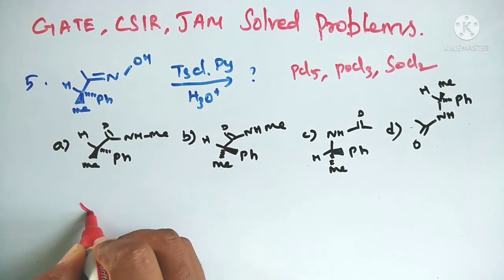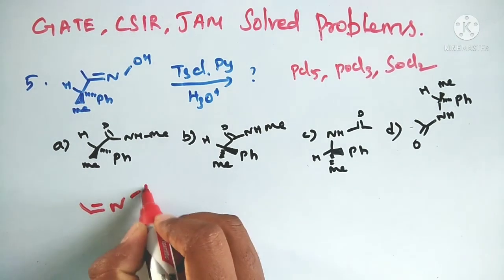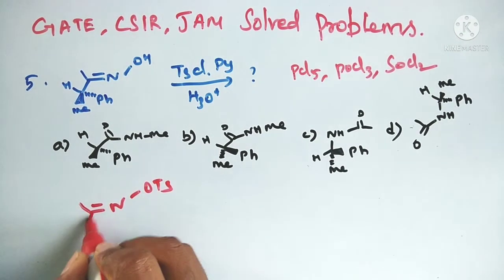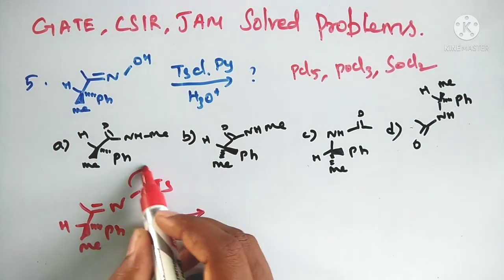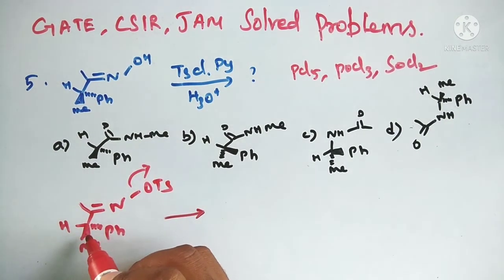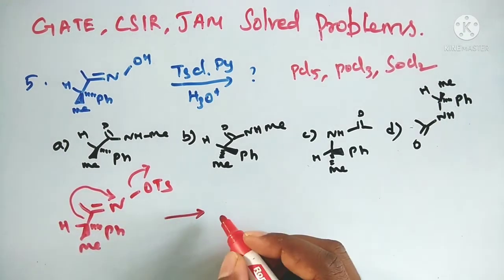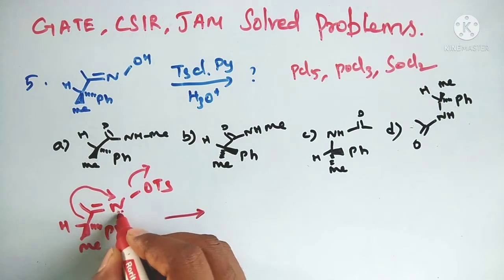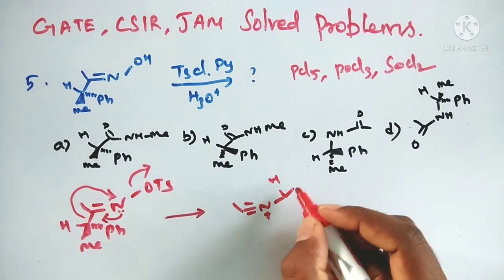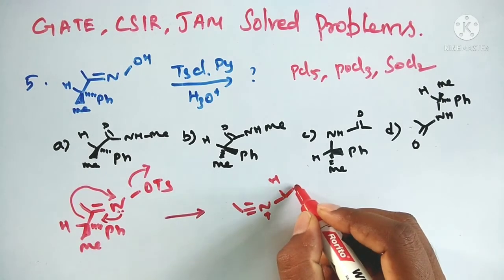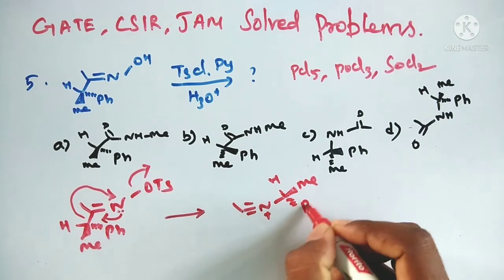First step is O-tosyl formation. Next step is elimination of OTs, same time migration of group which is anti to the leaving group. Methyl phenyl.